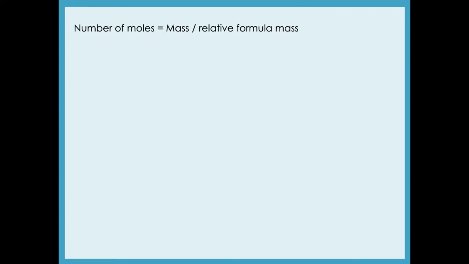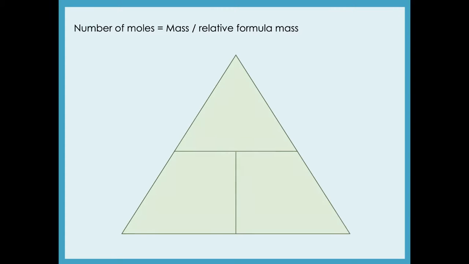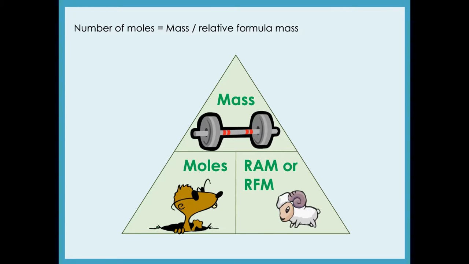So there's a formula that links the number of moles, the mass, and the relative formula mass. So the number of moles is the mass divided by the relative formula mass. And we can do one of these magic triangles to link these. So you can either learn this formula, so you can write that formula into your book and learn it. If you do the formula version, then you will need to be able to rearrange it.